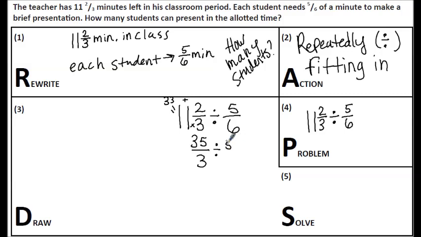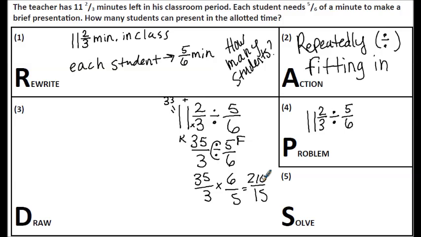So 11 2/3 becomes 35 thirds, and 5/6 is already in fractional form. Once we get both of these into fractional form, we can do KFC. We keep the first fraction the same, we flip the second fraction, and we change this to multiplication. We can multiply across. 3 times 5 is 15, and 35 times 6 is 210.